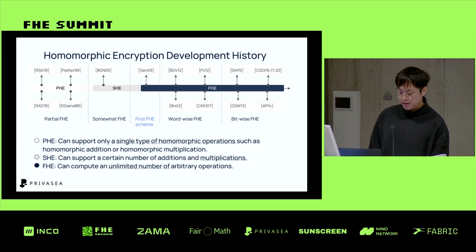The three inventors of the BGV scheme won the highest award in theoretical computer science in 2022, the Gödel Prize, indicating the importance that academia and industry attach to FHE. Next, we will dive into some technical details, which will help us understand the currently mainstream FHE solutions and their respective suitable computation types. I think it is crucial for designing applications.